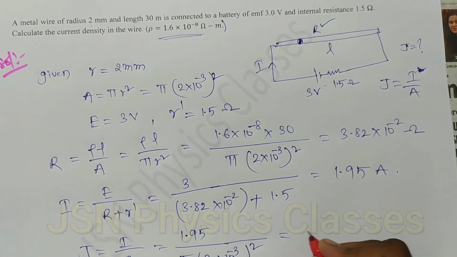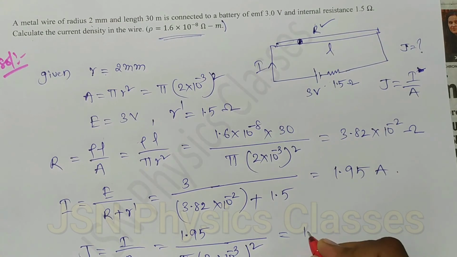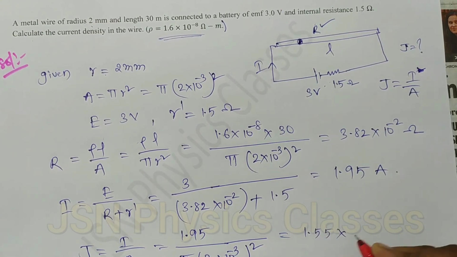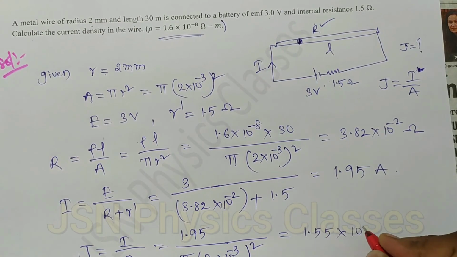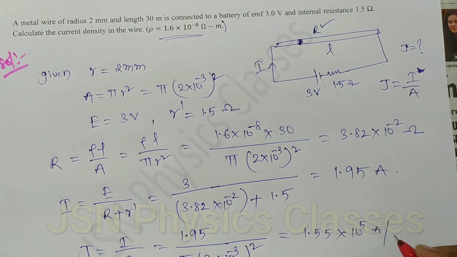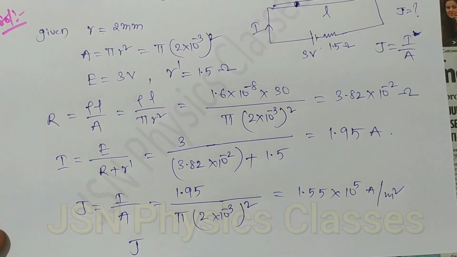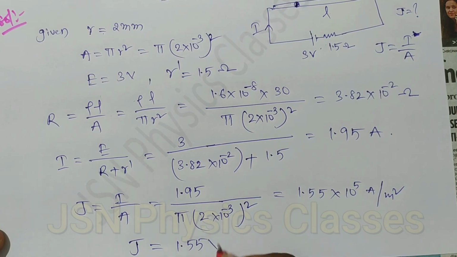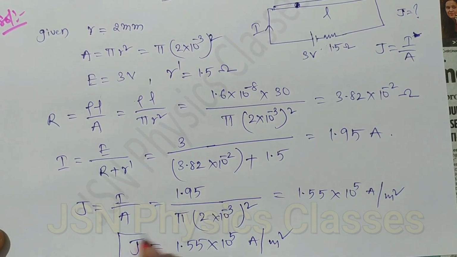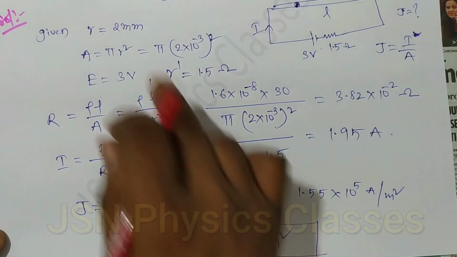After simplification, it is 1.55 into 10 to the power of 5 ampere per meter square. So the current density J is equal to 1.55 into 10 to the power of 5 ampere per meter square. This is the current density of the given wire.